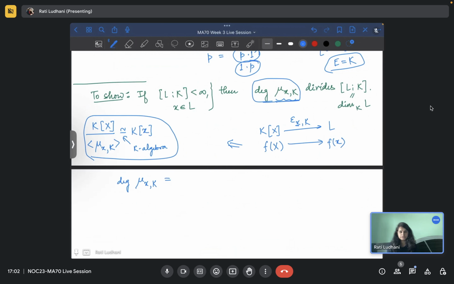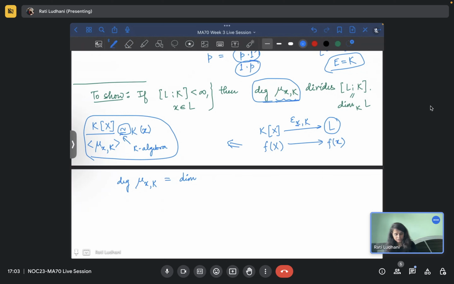What should I write? The dimension of L over K. Okay. So L is the big field. When we take the isomorphism, we take this.